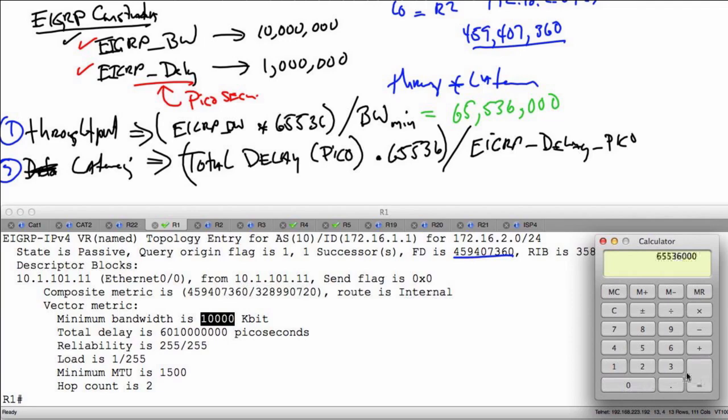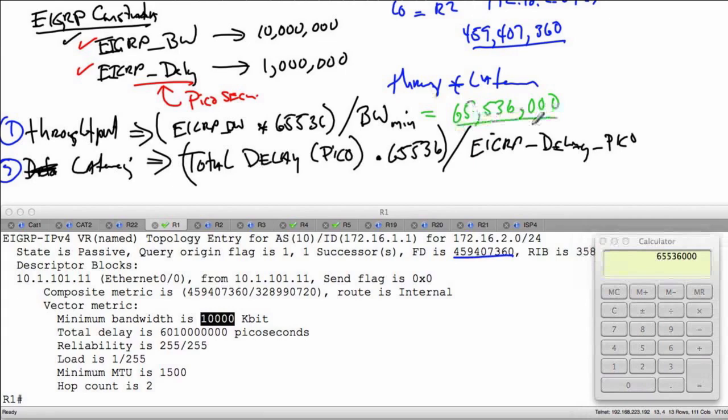And that gives me the value that I'd already computed. So I just confirmed and verified my math. It's 65,536,000 as that value.